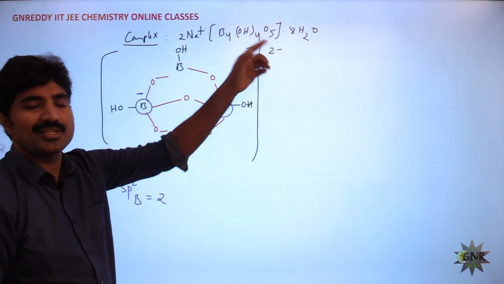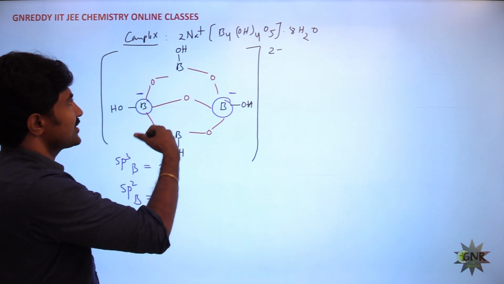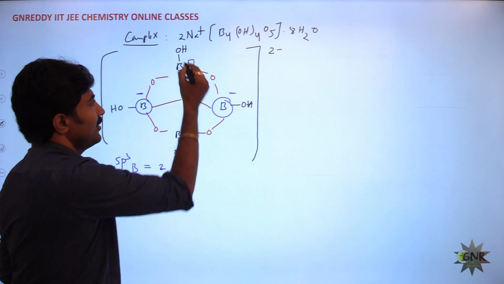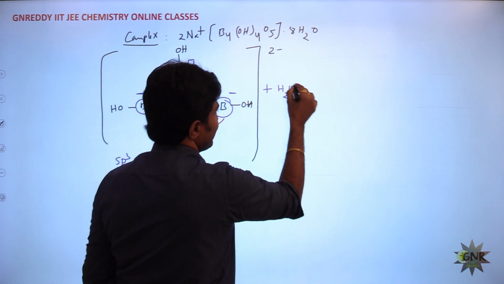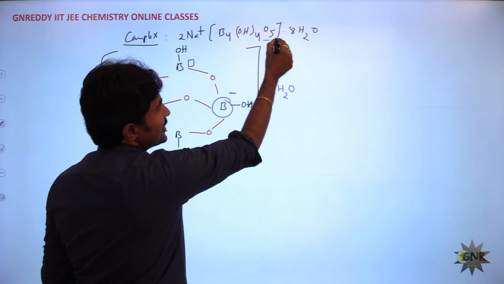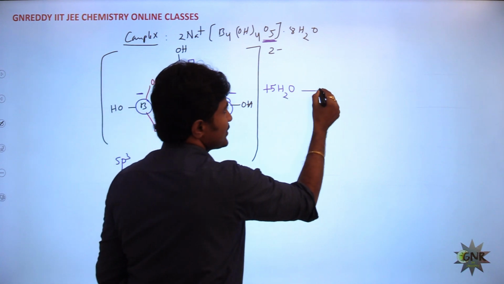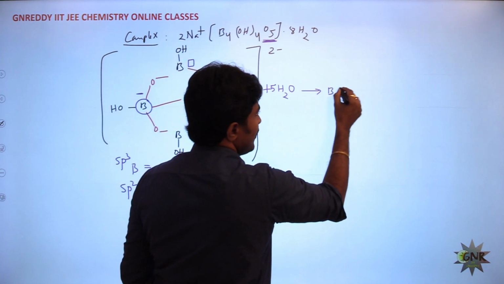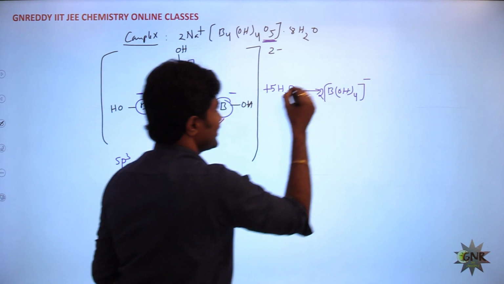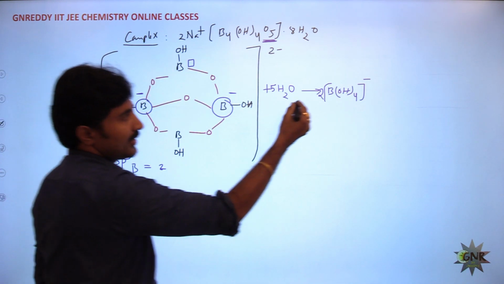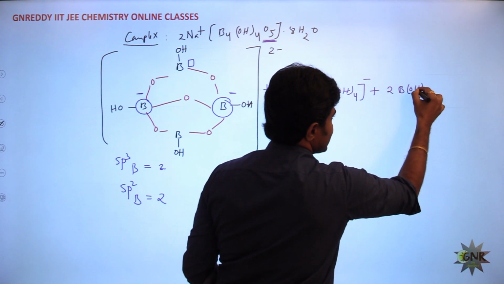Simply, whatever the charge there, that number of sp3 borons present here. And if you hydrolyze this, you know boron has a vacant orbital. So if it is allowed to attack with water, what happened here? Already I mentioned how many free oxygens there, that number of water molecules required, and all will be cleaved, so converting into the corresponding B(OH) taken 4 times minus, and you know like that 2 borons present, and the remaining are the 2 B(OH) thrice like this.